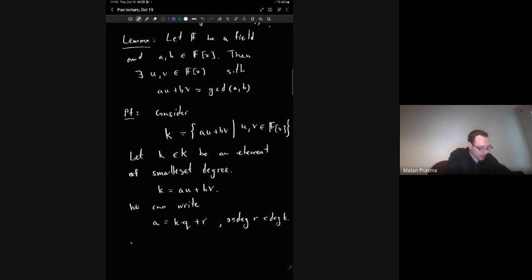So I can write R as A minus QK, which in turn is A minus (AU plus BV)Q.